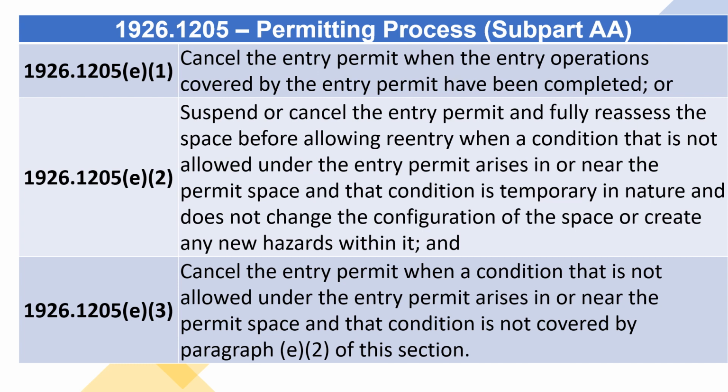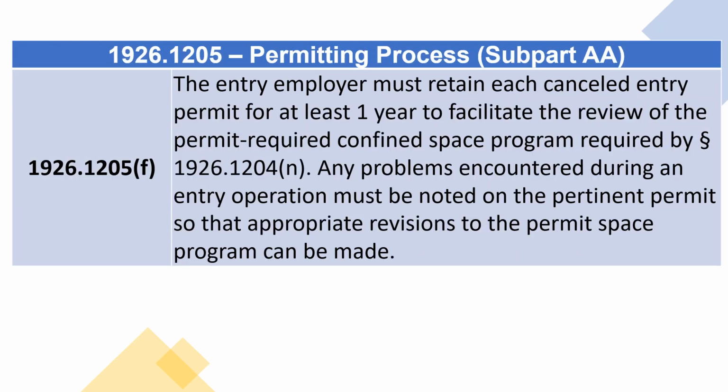Cancel the entry permit when the entry operations covered by the entry permit have been completed, or suspend or cancel the entry permit and fully reassess the space before allowing re-entry when a condition that is not allowed under the entry permit arises in or near the permit space and that condition is temporary in nature and does not change the configuration of the space or create any new hazards within it, and cancel the entry permit when a condition that is not allowed under the entry permit arises in or near the permit space and that condition is not covered by paragraph (e)(2) of this section.